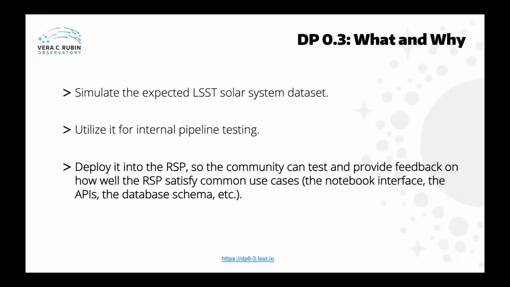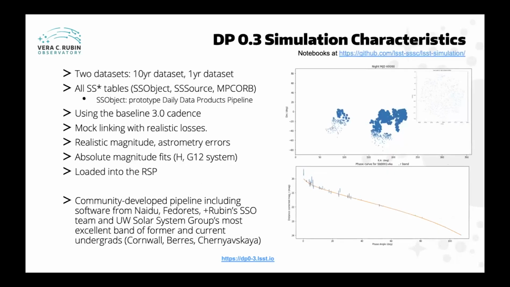Any place, as Melissa said, where you either misunderstand something, or you feel there's no documentation, or you feel it just looks odd, let us know about it. We want to know about it now because now we have time to fix it, so that when the real data start coming in, you have a really good user experience. So that is the primary goal of DP 0.3 for solar system folks.